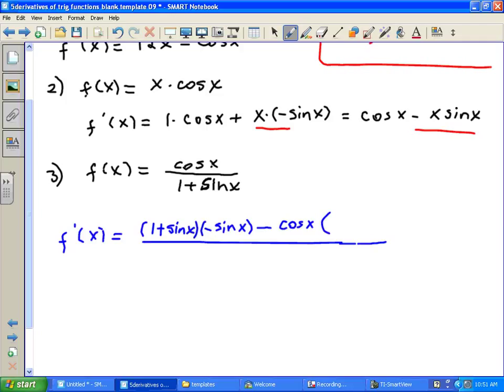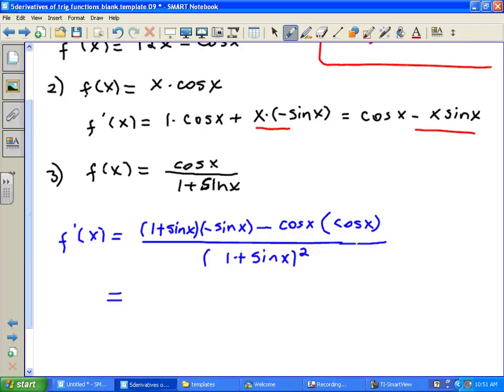times the derivative of the lower. What is the derivative of 1 plus sine x? Just cosine x, because the derivative of 1 is 0. Everything over the bottom, quantity squared. Now all we need to do is simplify the numerator.